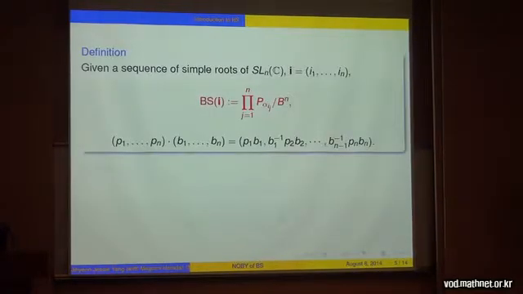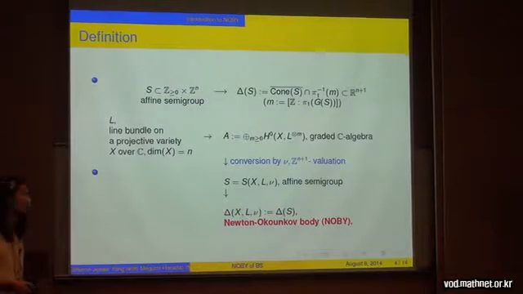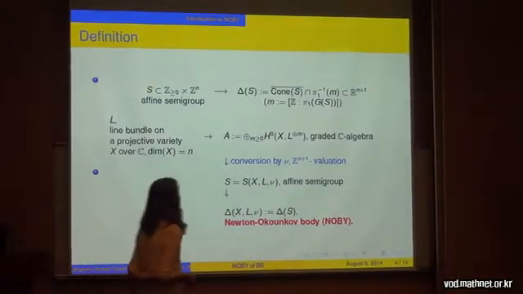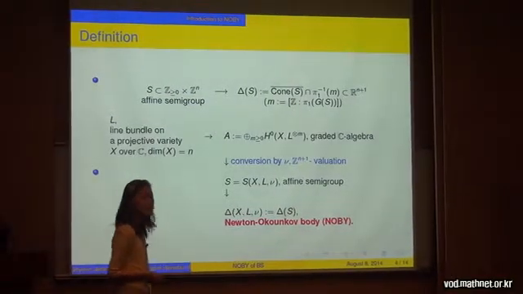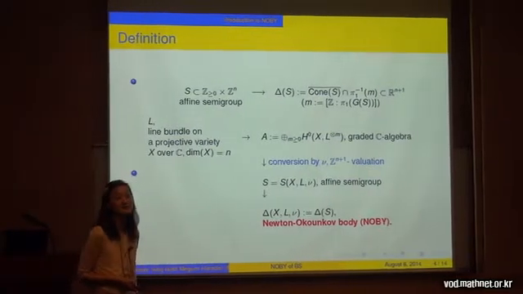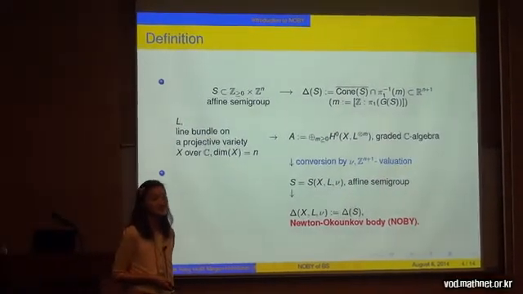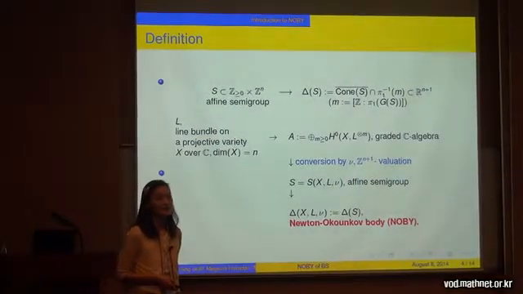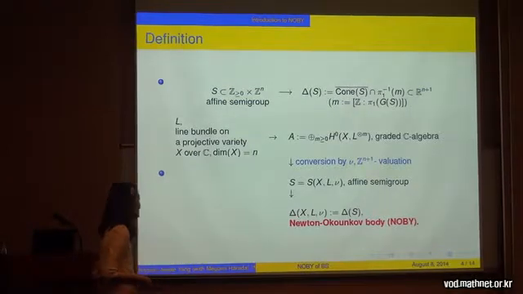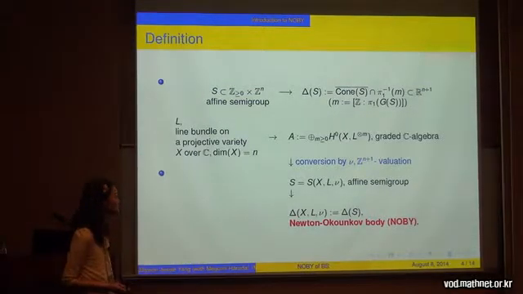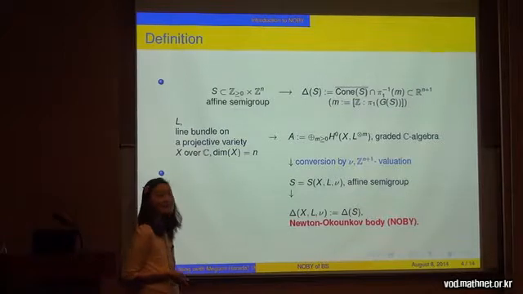Can you explain the G(S) in the top right? So S is an affine semigroup. G(S) is just the group generated by the affine semigroup. And suppose m is now 1. So we just don't want to have an empty set.